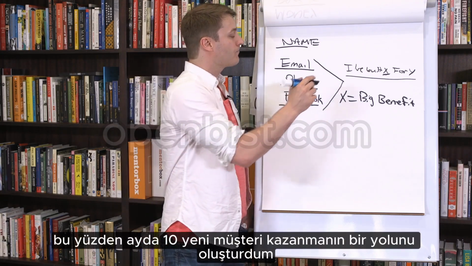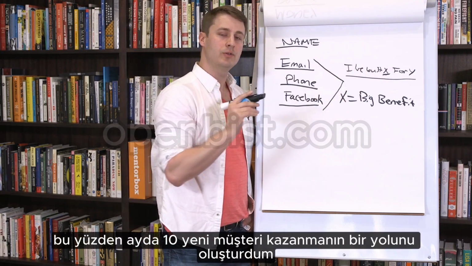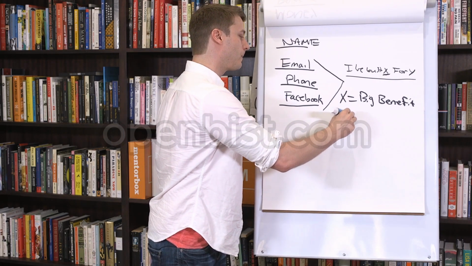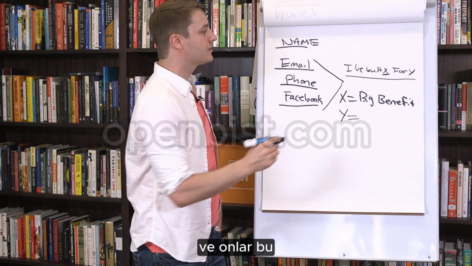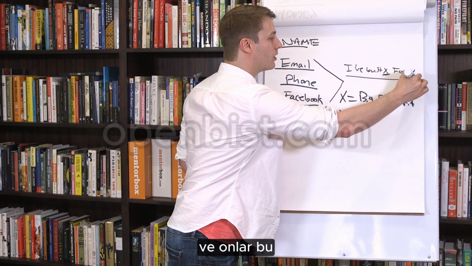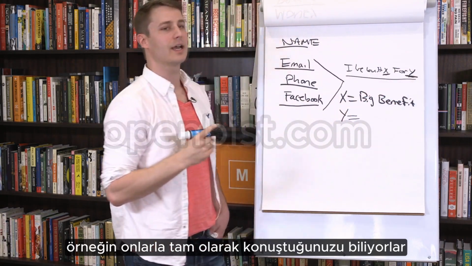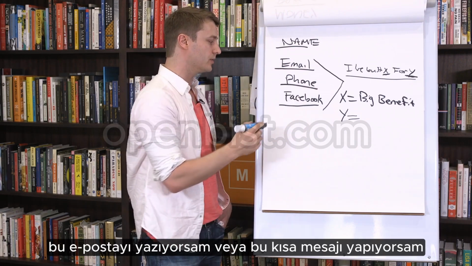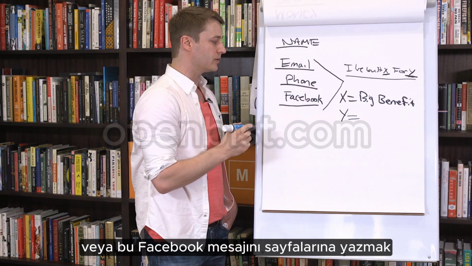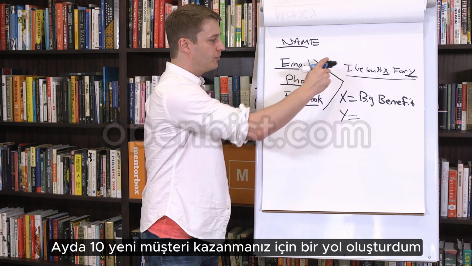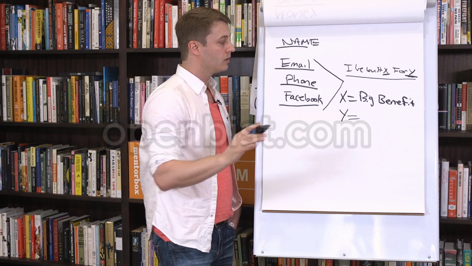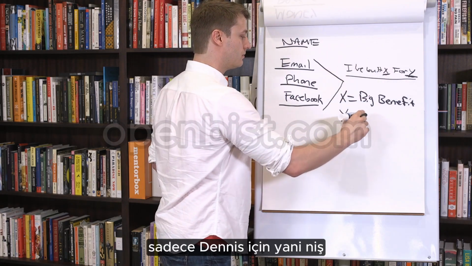So I've built a way to get 10 new customers a month, and then you fill in the Y, and that's who they are. So they know you're speaking exactly to them. So for example, if I'm writing this email or doing this text message or writing this Facebook message on their page, I've built a way for you to get 10 new customers a month just for dentists.